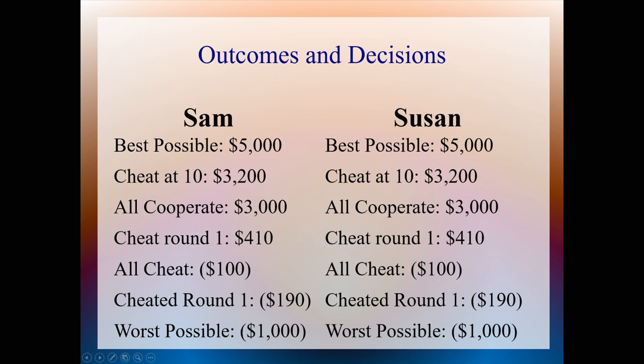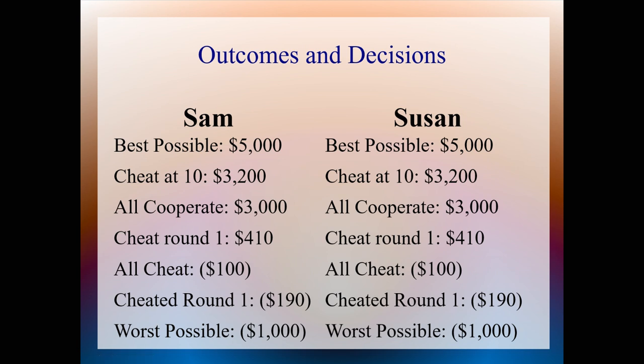The worst possible one would be that you cooperate every time. And the second worst possible would be that you were cheated on from round one, so you started off cooperating, but then you were cheated the rest of the time. And the negative $100 apiece is the option here where everybody cheats the whole time.